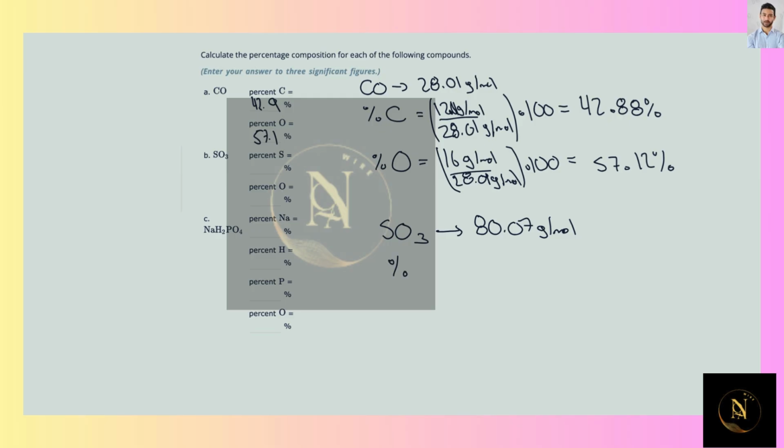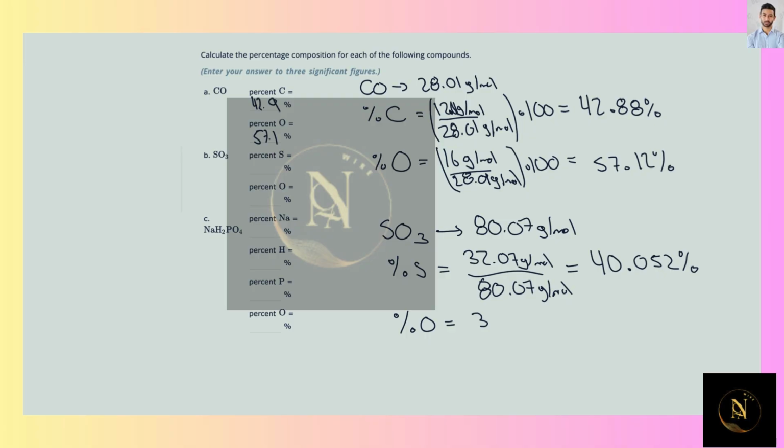The percent of the sulfur atom is going to be equal to the mass of sulfur, which is 32.07 grams per mole, divided by 80.07 grams per mole. This is going to give us a 40.05%.